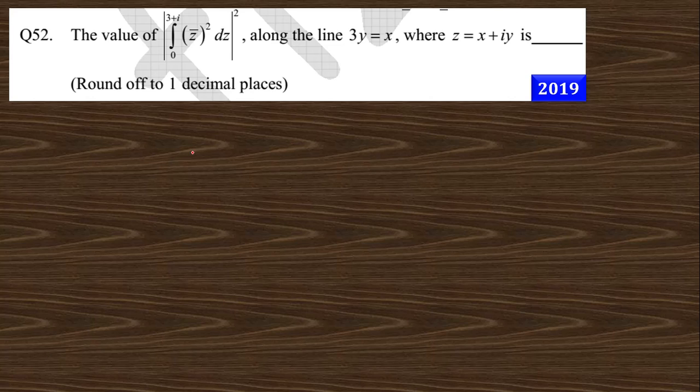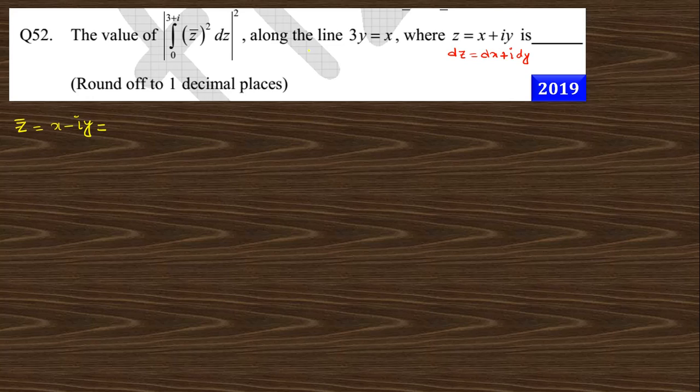The value of this integral along the line 3y equal to x, where z equal to x plus iy. Okay, so in this equation we can write dz equals dx plus i dy, and z bar is the complex conjugate, that means x minus iy. And what is the value of z bar squared?